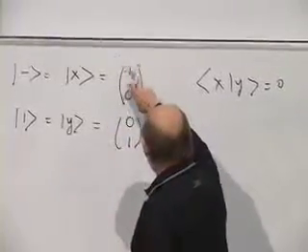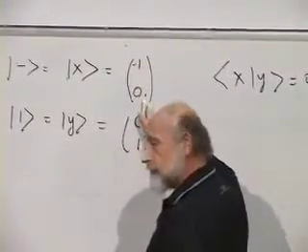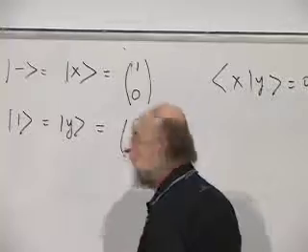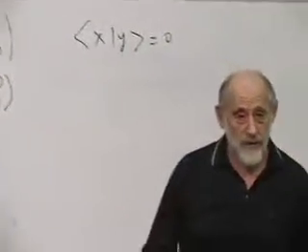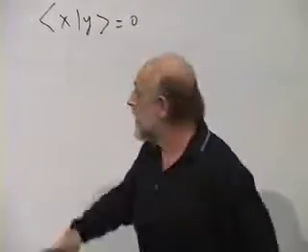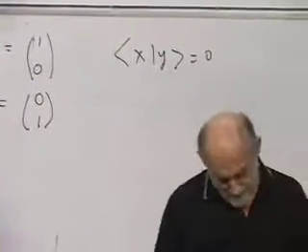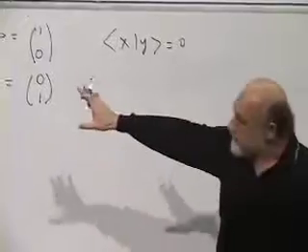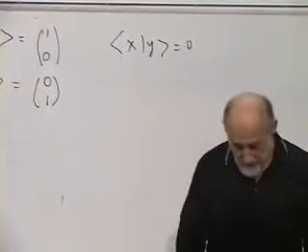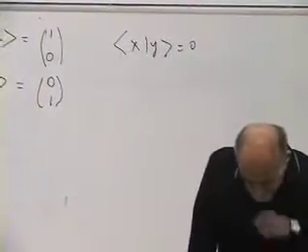The fact that there's something in the first place and nothing in the second place is the important thing, and the other important thing is that the sums of the squares of the two components add up to 1. But this is a convenient basis of the vectors which represent the two states.